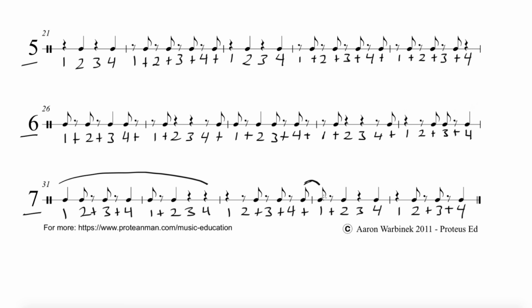So it's called a pickup into the next bar, sort of leads you in. That's the goal of this. And 1, 2, 3, 4. 1, 2, 3, 4. The confusing part in 7 is this section, sort of 1 and a quarter bars.